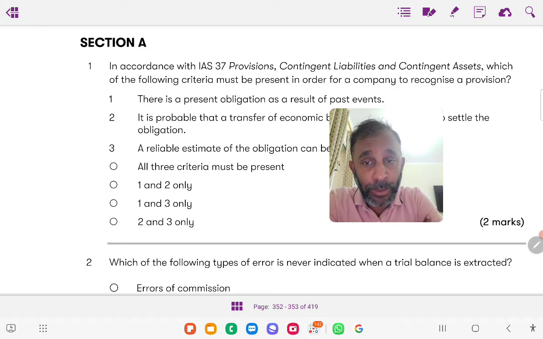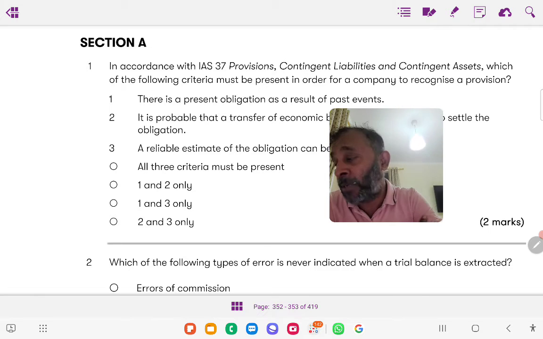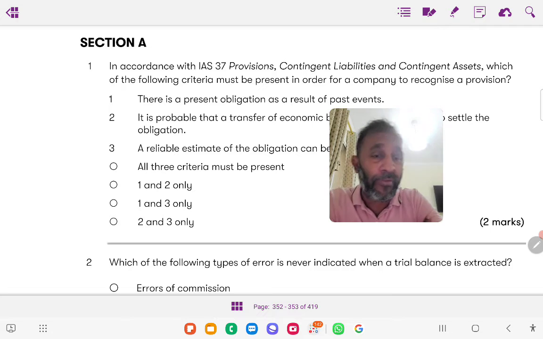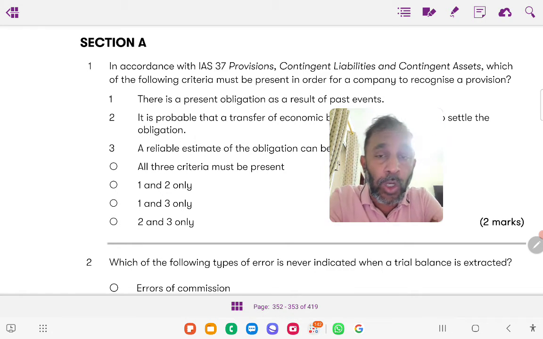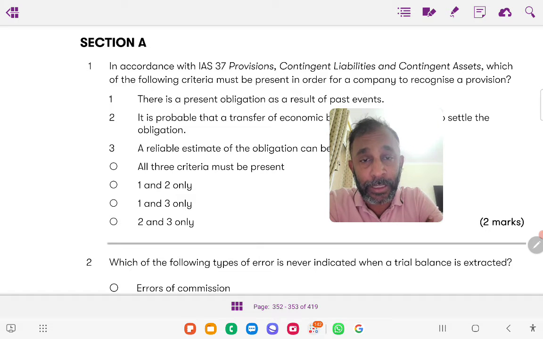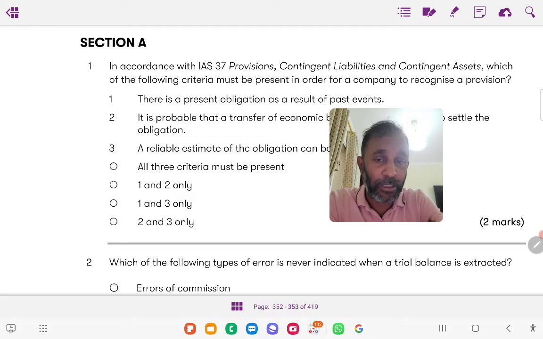Now, when it comes to provisions, there are certain conditions that we should fulfill. Only then will that item be considered a provision, and then we need to recognize it in our financial statements. However, if those conditions are not met, then we have to consider them as contingent liabilities or contingent assets.